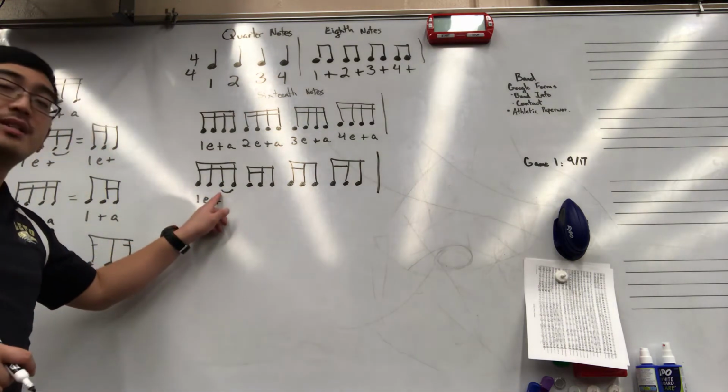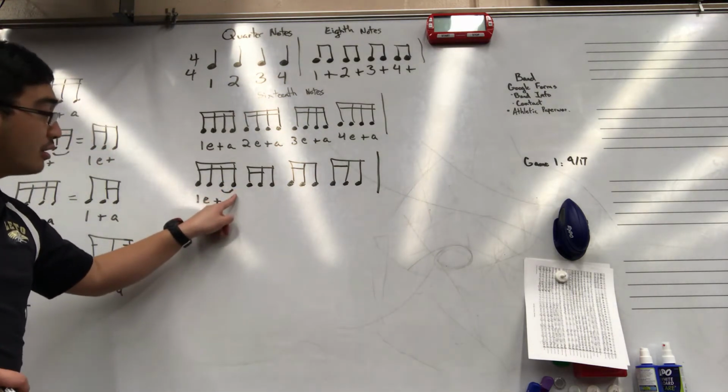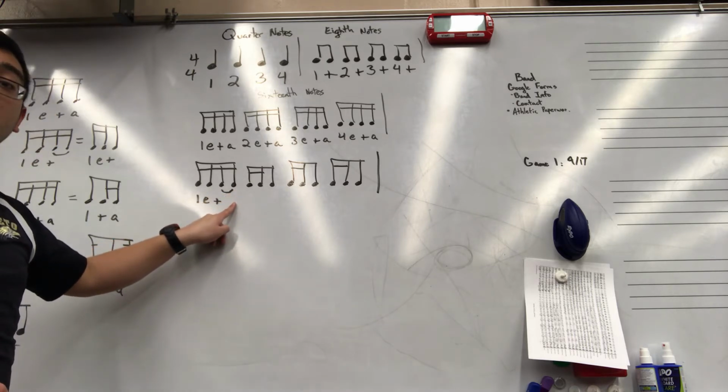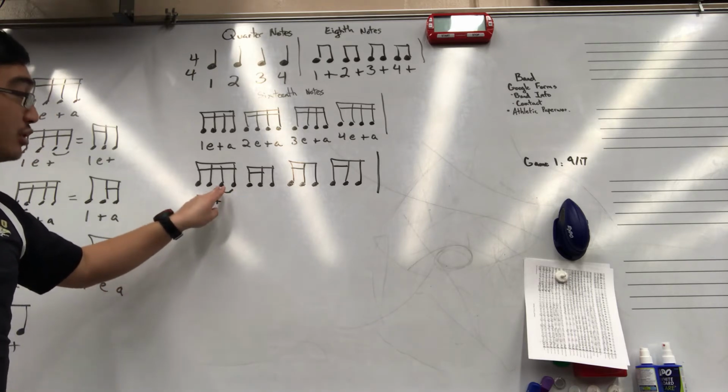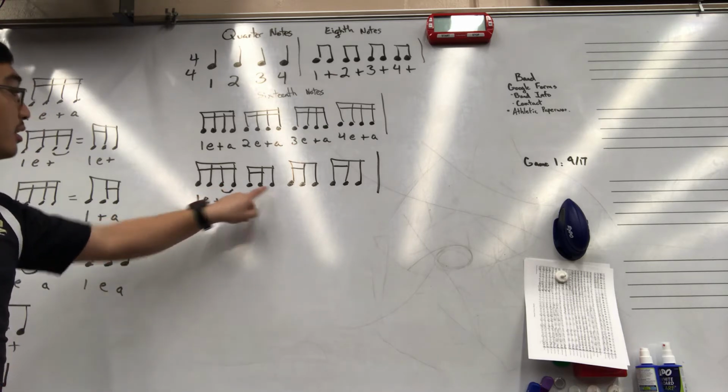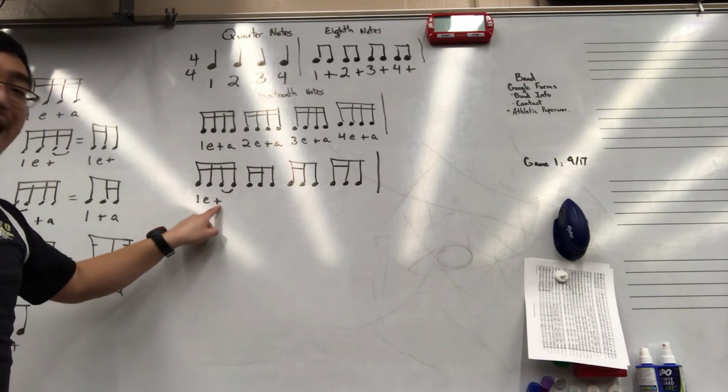But because I used a tie, I will no longer say the second note in the tie. In this case, it would be a. But I'm going to use these 2 16th notes and trade it in for 1 eighth note. So your rhythm becomes 1 E and.